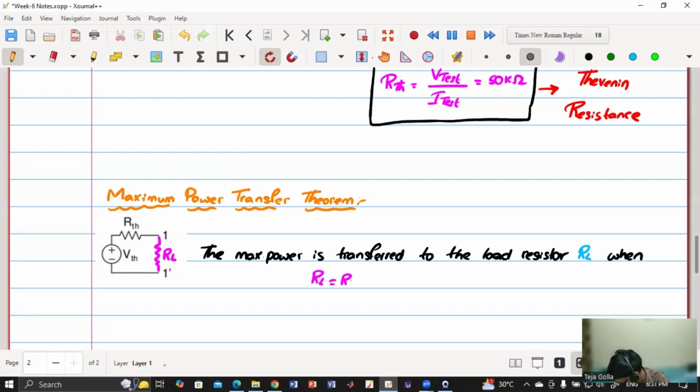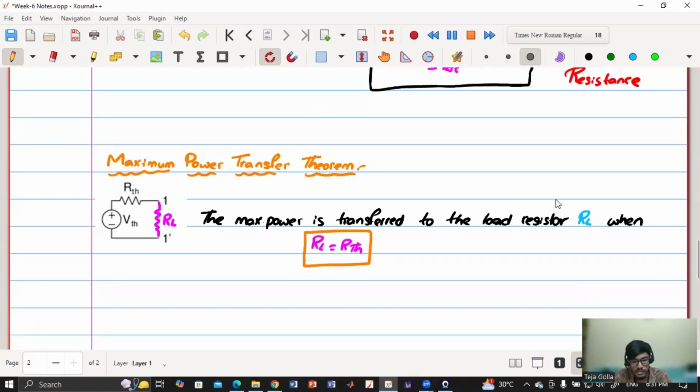So this is the result you will get once you prove it, but the proof sir has explained, so I am skipping. I'm only discussing the result. You can also prove it: calculate the power across this and then differentiate it with respect to RL.